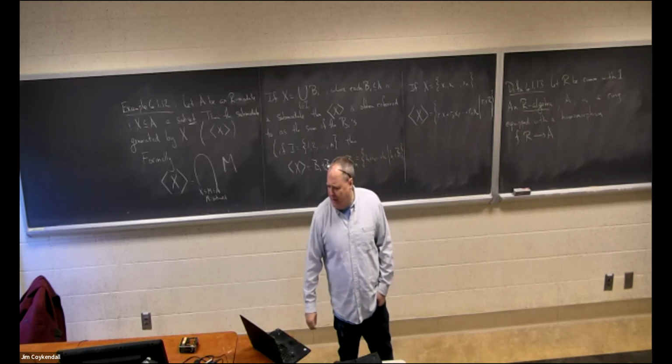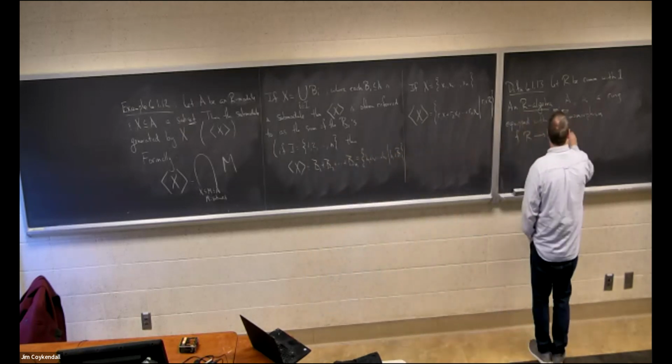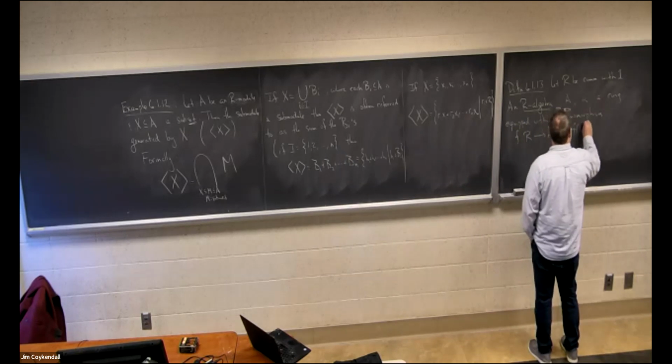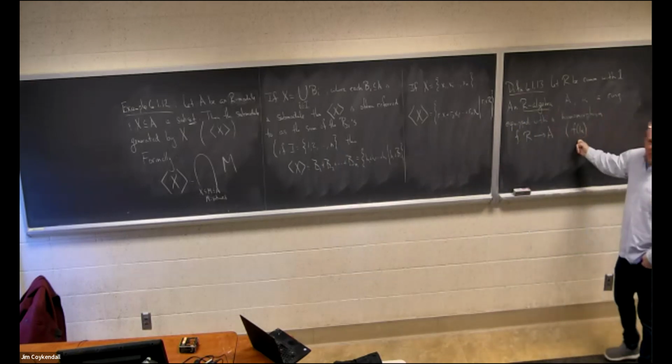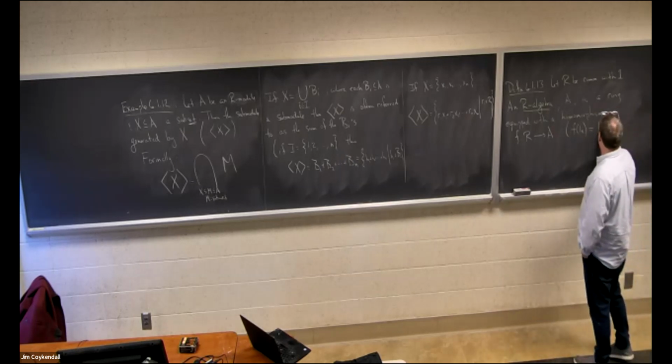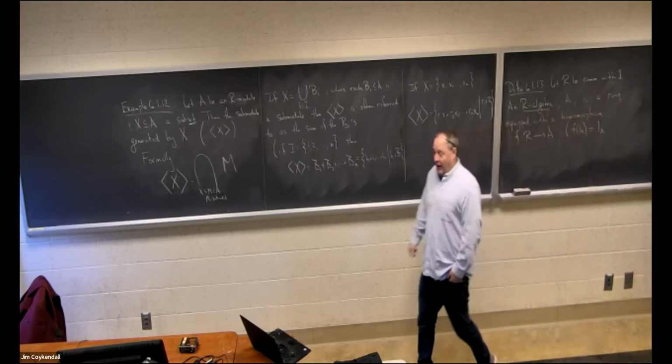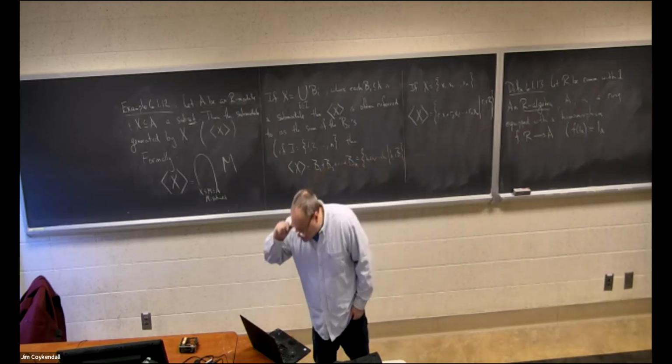Let me emphasize here because it's important. I want that f, when you apply f to the one element of R, you should get the one element of A, because A is also a ring, which of course I assume has an identity.